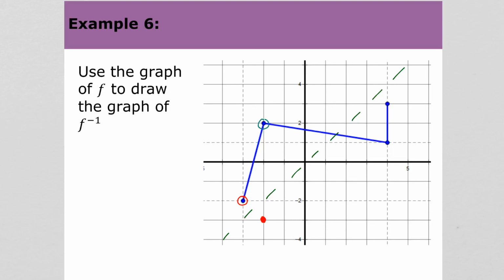The point -2, 2 becomes 2, -2. The point 4, 1 becomes 1, 4. And the point 4, 3 becomes 3, 4.